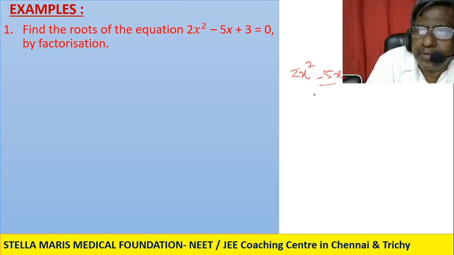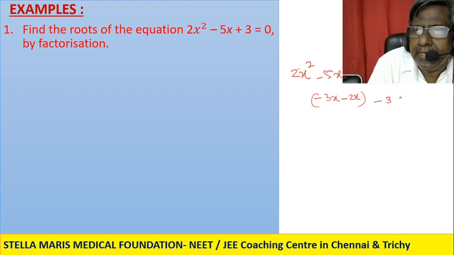You take minus 5x can be written as minus 3x and minus 2x. Minus 3 into minus 2 will give you plus 6, the product of these two is 6. The addition of these two is here.